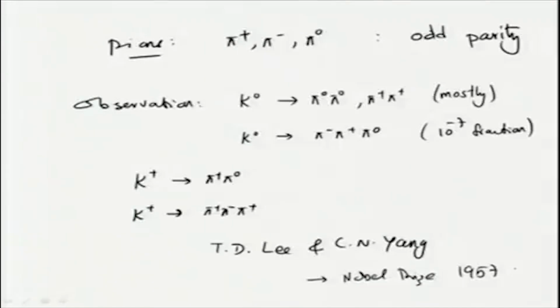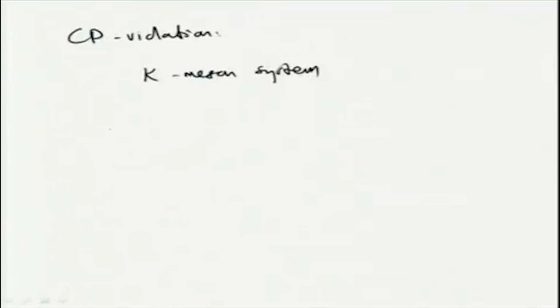Combined CP violation is also observed in the weak decays, weak interactions. So, for example, if you consider again the K meson system and more recently the B meson system, both of these show CP violation.